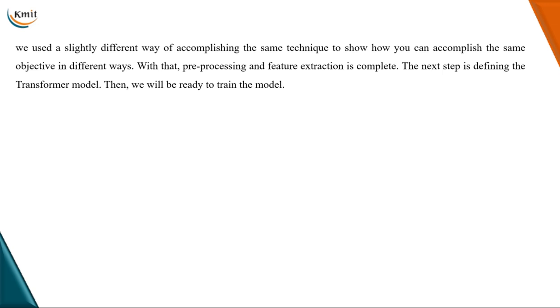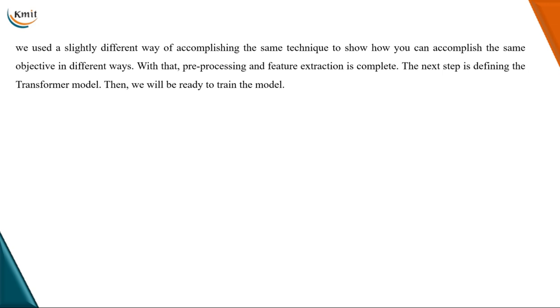We can include special tokens to signal the start and end of the sequences. You can use any of the methods that you have learned from text generating with RNNs and GPT-2 transformer models, etc. Here we have used a slightly different way of accomplishing the same technique, to show how we accomplish the same objective in different ways.